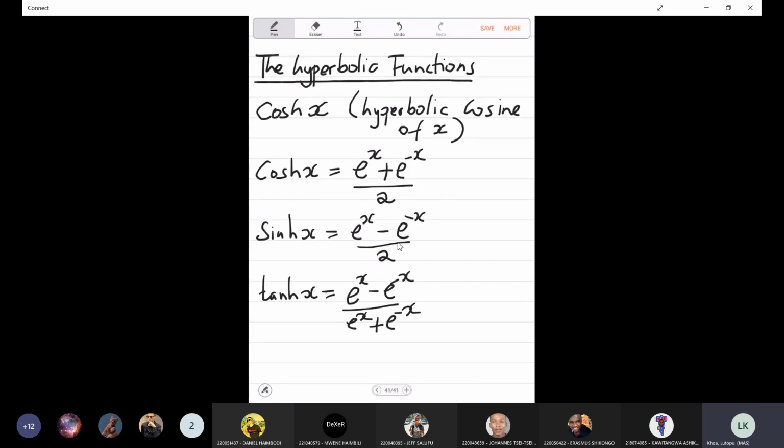Sorry, this one, sine divided by cos. The division will change to multiplication, and then you have the reciprocal of your hyperbolic cos, and then the 2's will cancel, and then this will be in the denominator like we have over here. So this is just equal to hyperbolic sine over hyperbolic cos of x.